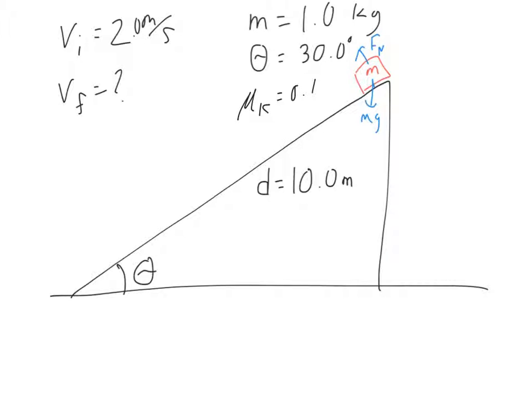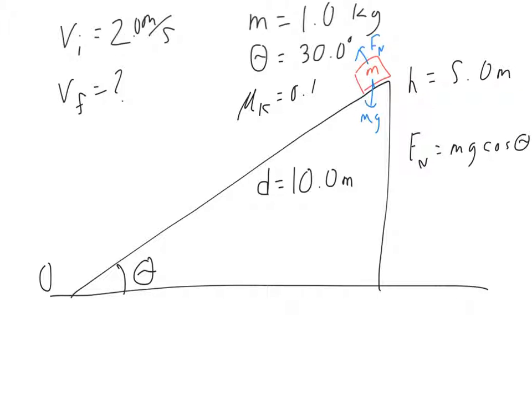So we're still going to start with a height of 5 meters. We'll still end at the bottom at 0. We will need to figure out what the normal force is going to be so we can figure out the force of friction, and we can do that and figure out that the normal force should be equal to mg cosine theta, cosine in this case of 30 degrees.